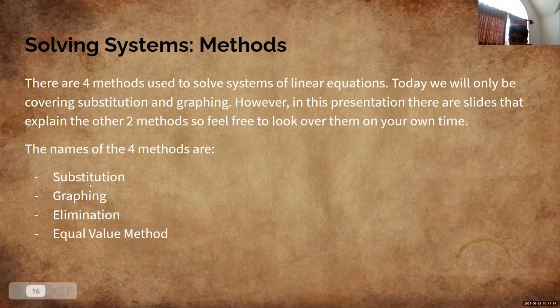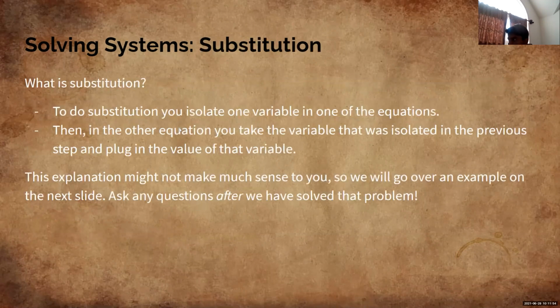I think substitution is one of the most useful ones out of the 4. Graphing is a little more tedious, but it's still important as a method because it can be helpful to solve some more complex linear equations. With that, I think we can get started.